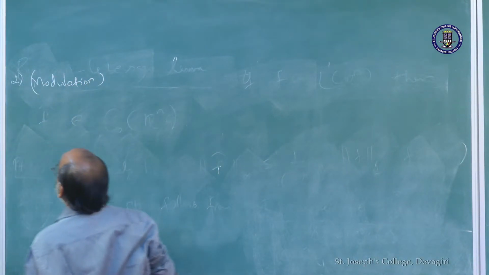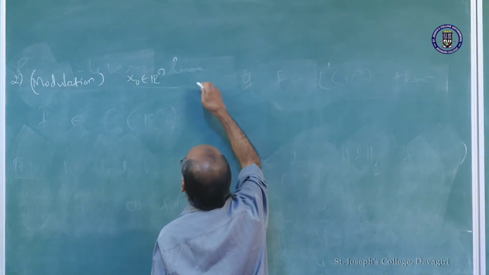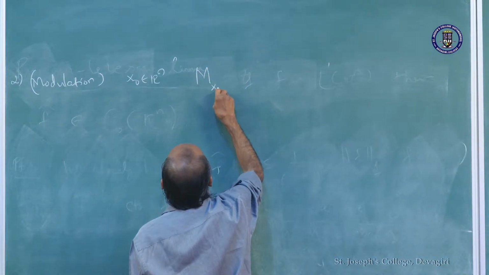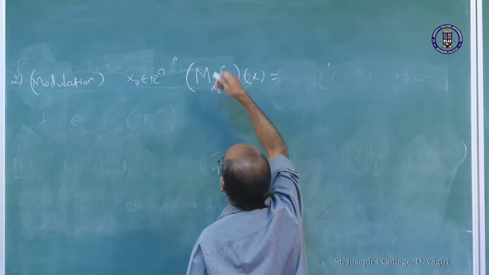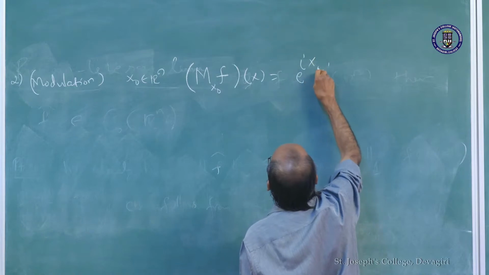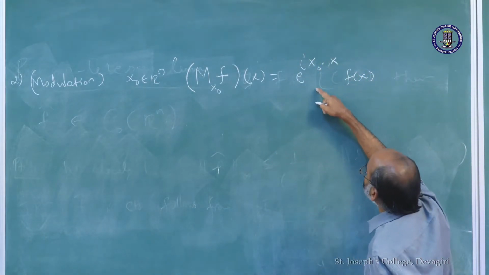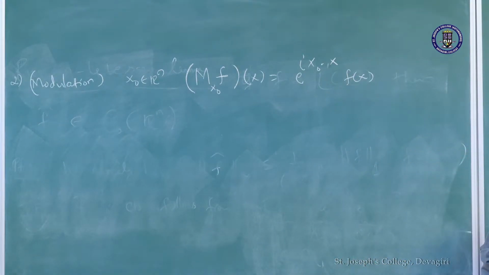So I take a point in R^n and multiply f with, so let us call that M sub x naught acting on f at the point x. So, I am defining an operator M, right. So, this is e to the i x naught dot x f of x. So, all that I am doing is multiplying f by an exponential e to the i x naught dot x.